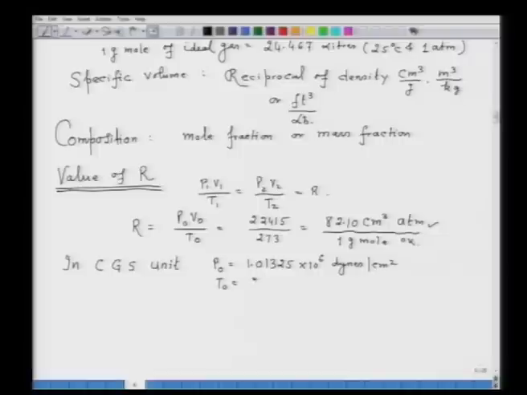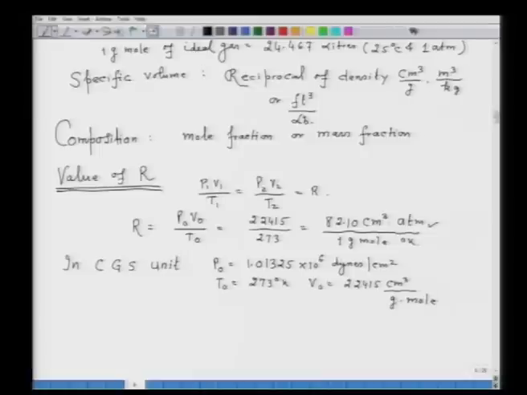T0 is 273 degree Kelvin and V0 is equal to 22415 centimeter cube per gram mole.